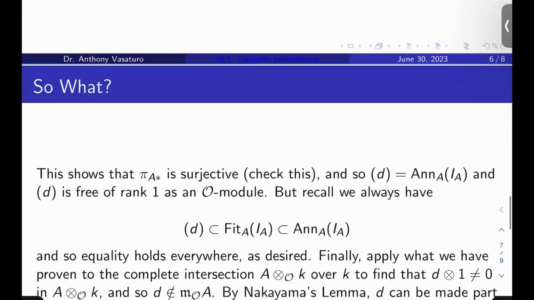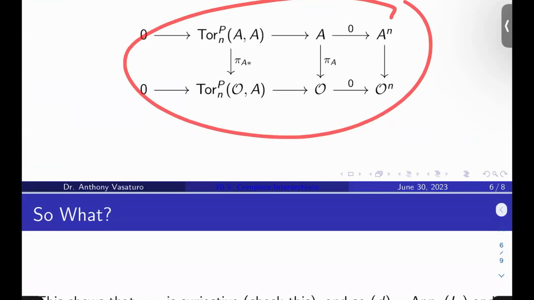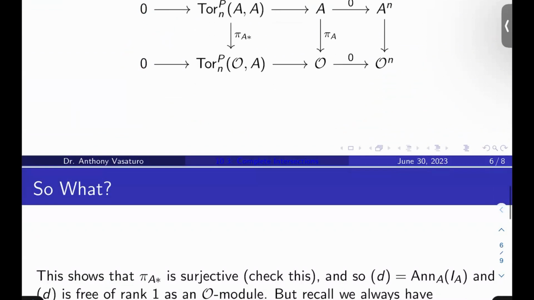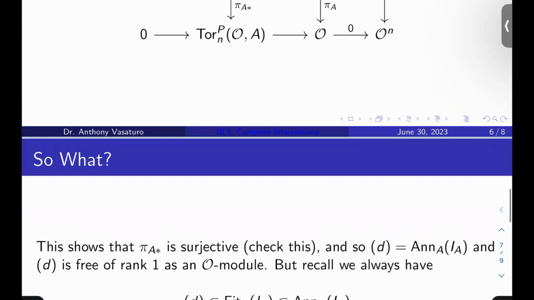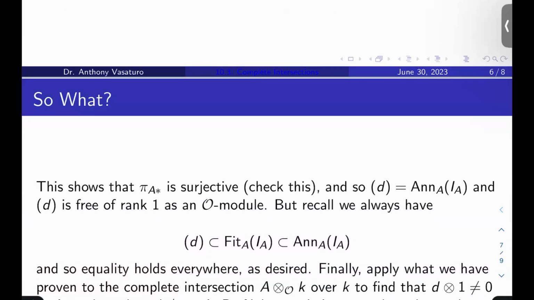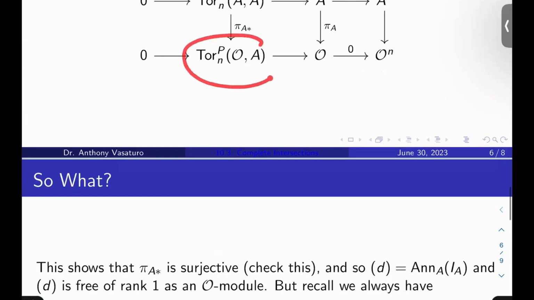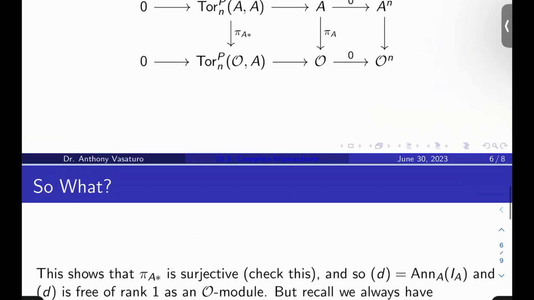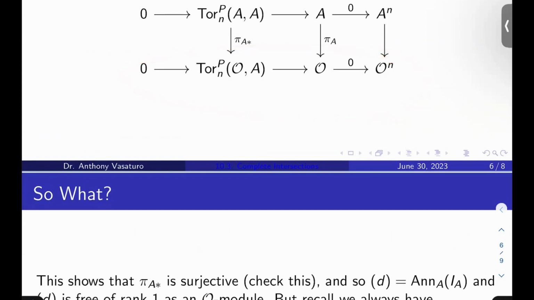Also, the commutativity of this diagram just tells you, because of the fact that the ideal generated by D is this guy here, that the ideal generated by D is free of rank 1 as an O module. This line will give you that.